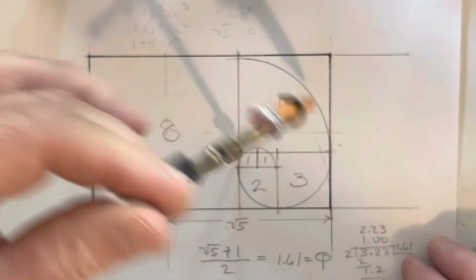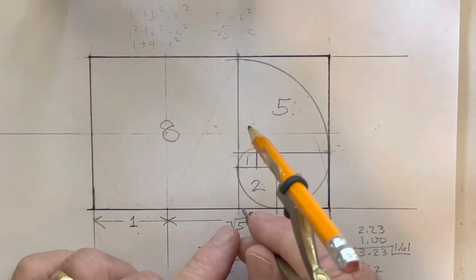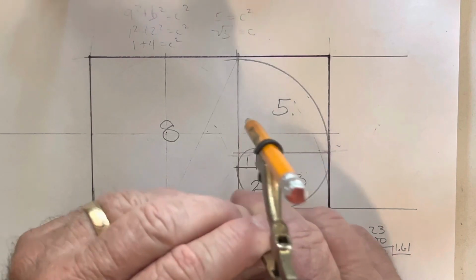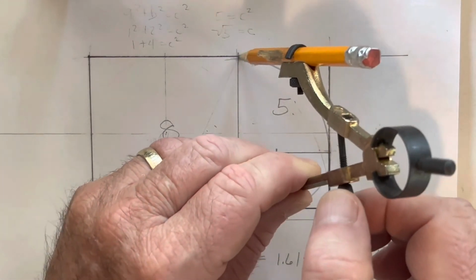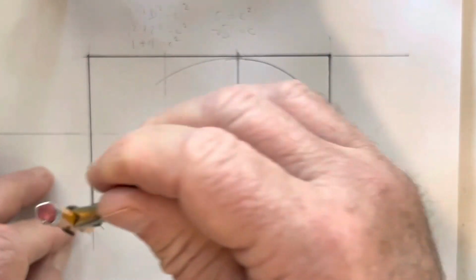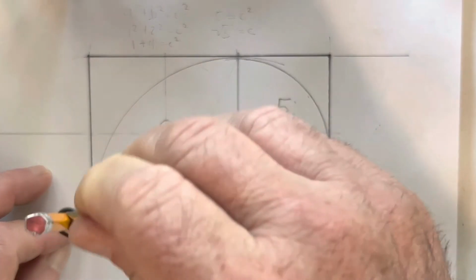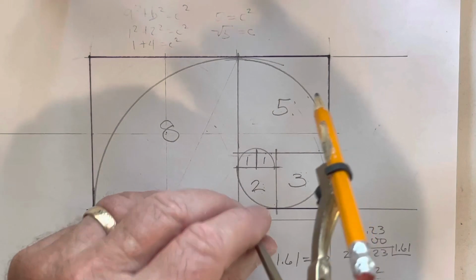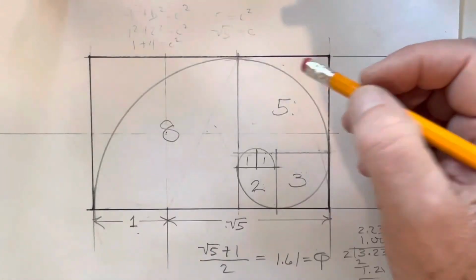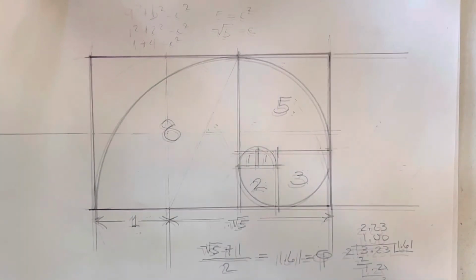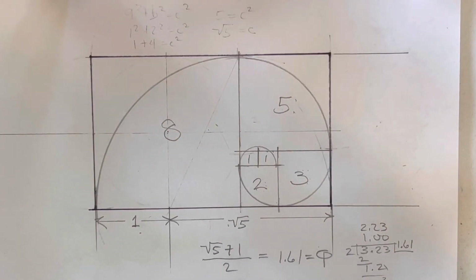The next, I was a little bit shy on that one. Now I'm going to come down. I'll just kind of figure out what we got. And there we have the Fibonacci spiral, the spiral coming from the angles.